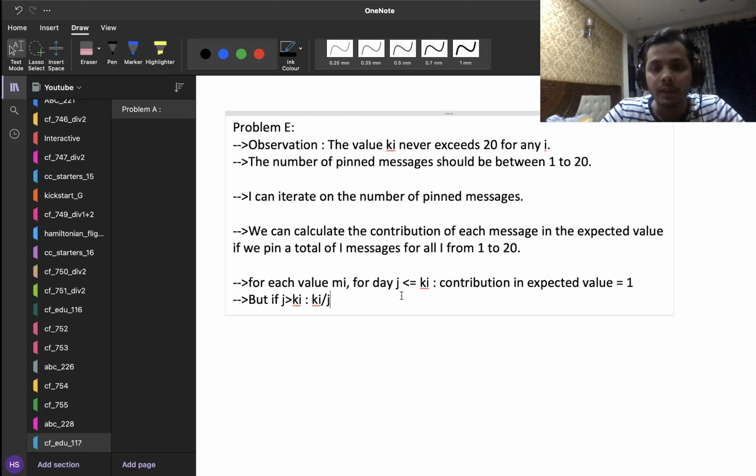So yeah, this is the contribution if j is greater than ki, and this is the contribution if j is less than ki. So then using this, what I can do is, for all the numbers of pinned messages, I can calculate the contribution of each message.